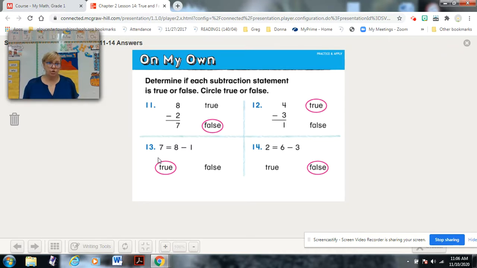They just chose to put the 7 here, saying one way I can show 7 is by doing 8 minus 1. So the direction or the way the math sentence is laid out is not what makes it true or false. It's the numbers, okay? So this is true, even though the 7 is first.